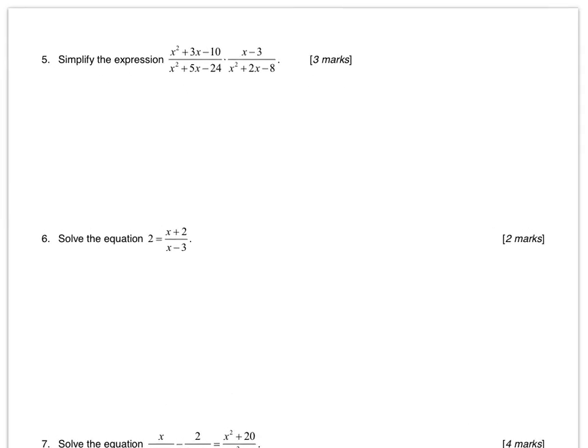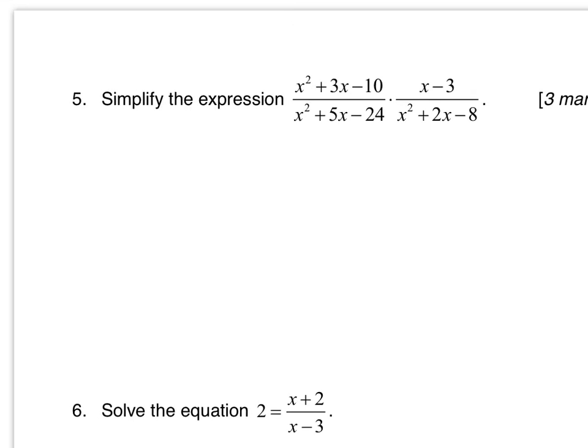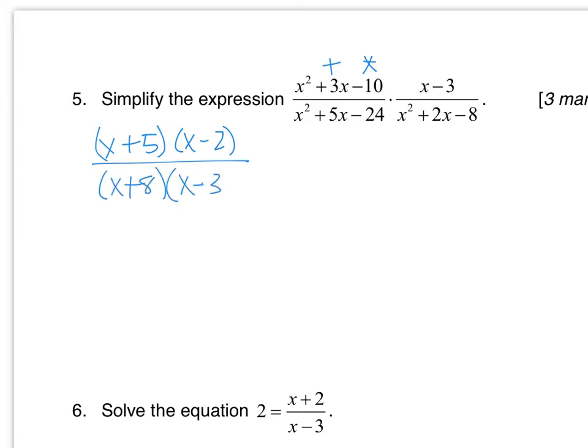Okay, simplify the expression. So we're going to zoom on in here. To simplify this, we need to factor it. So what adds to the middle and multiplies to the end? So (x plus 5)(x minus 2) over (x plus 8)(x minus 3), times, and because we're multiplying, I'm just going to make a big fraction here, (x minus 3) over (x plus 4)(x minus 2).